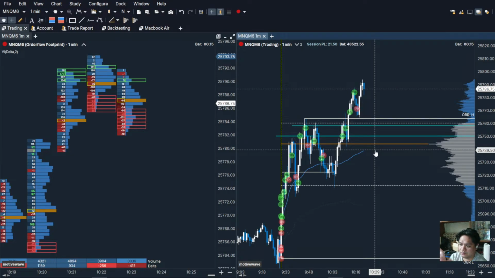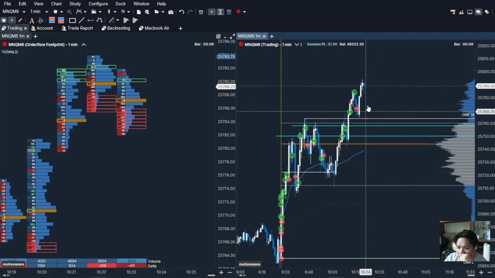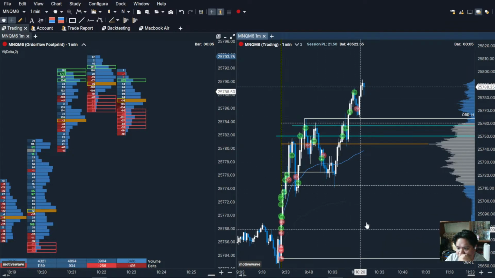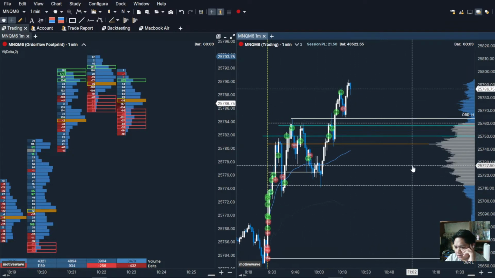That's the two levels that I might be looking for buys off of if we're gonna continue going up. But if this breaks, then it starts going down, then we're gonna look for a pullback towards that delta.